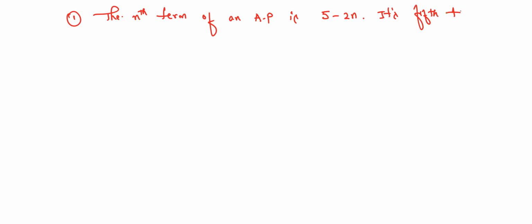I'll tell you some questions, and I want the answers from your end also. If the question is the nth term of an AP is 5 minus 2n, its fifth term is, tell me the answer quick.